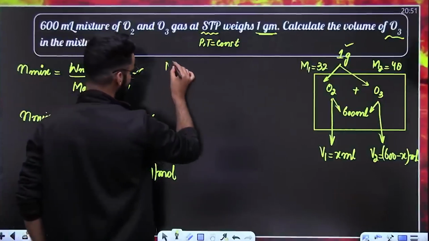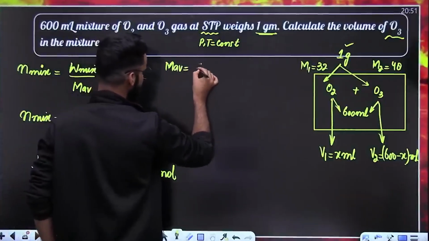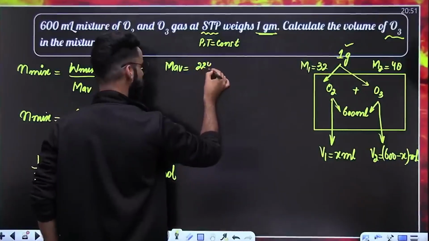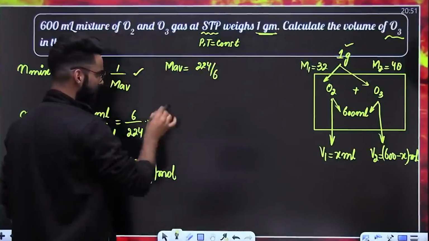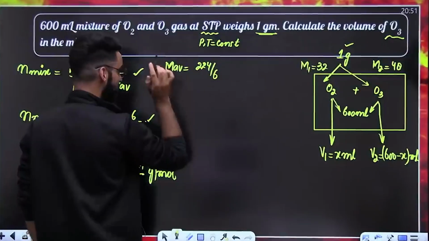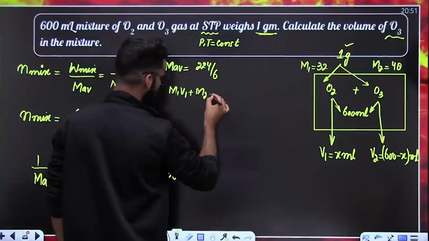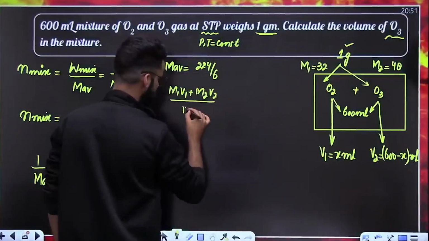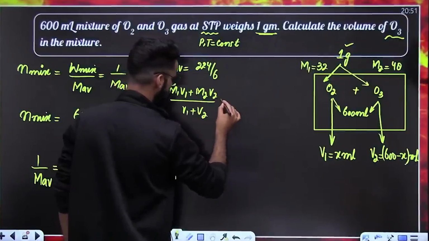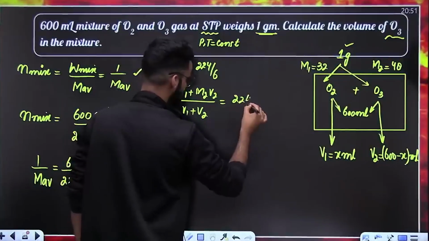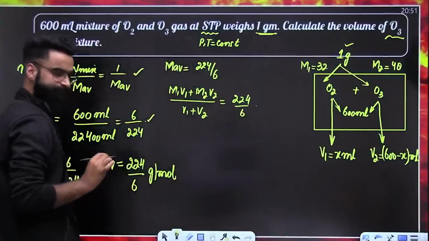My dear students, M_avg we got as 224 divided by 6 grams per mole. What is M_avg? It's the average molar mass of the gaseous mixture. Instead of M_avg, can I write (M1V1 plus M2V2) divided by (V1 plus V2), which is equal to 224 divided by 6?